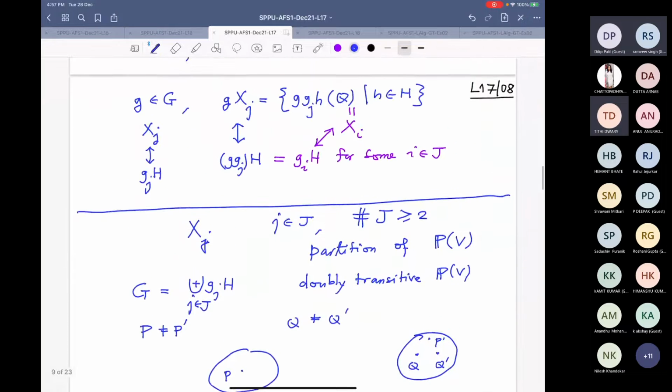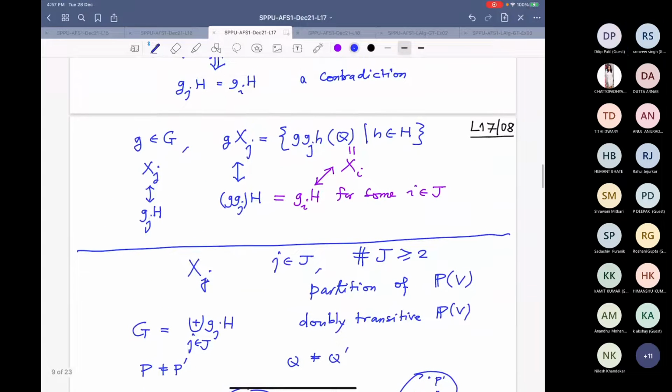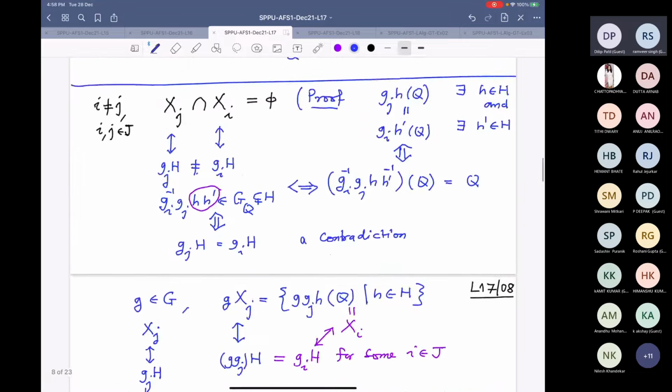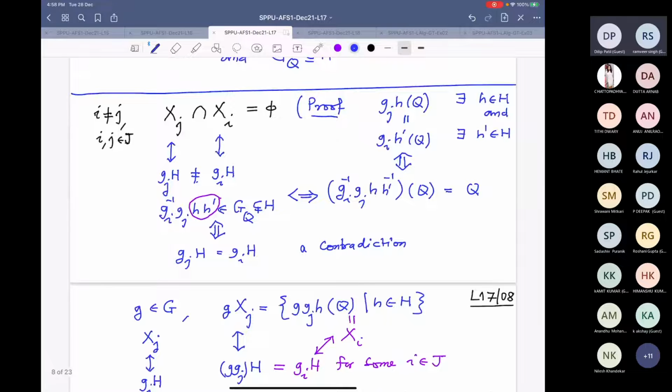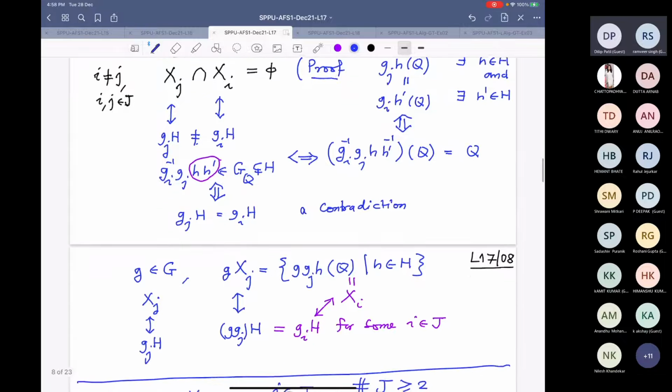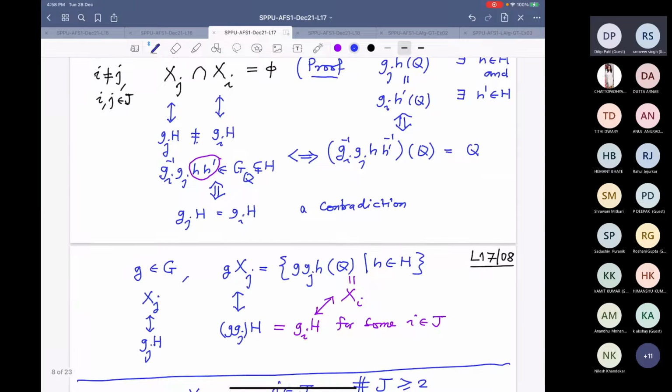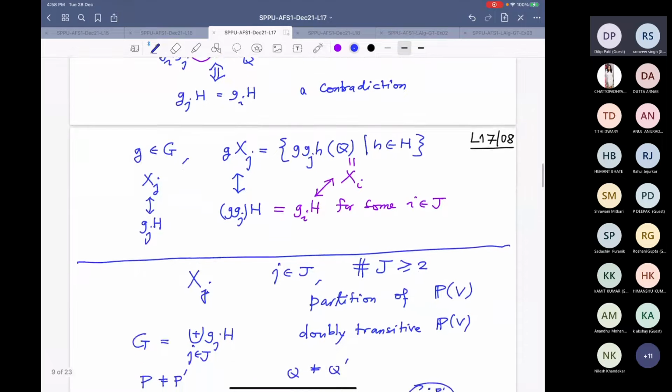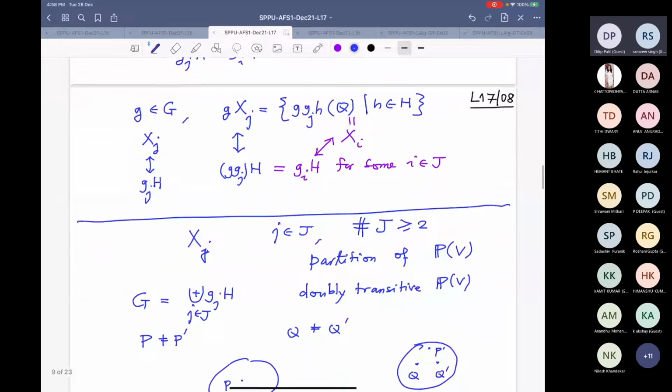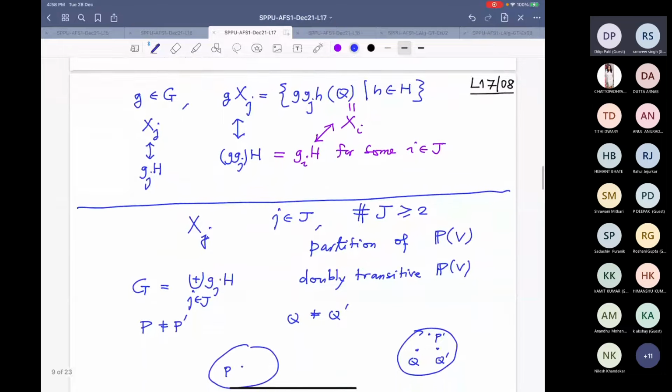Right. Last part. See, note, all these subsets in the partition. Who asked me, please check again? Tithi, yes. Okay. So all these partition sets, these xi's, have the same number of elements. Anyway, all that we know is any element in G will map one of the subsets in the partition to another subset.